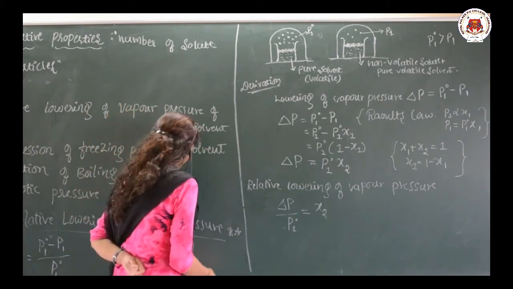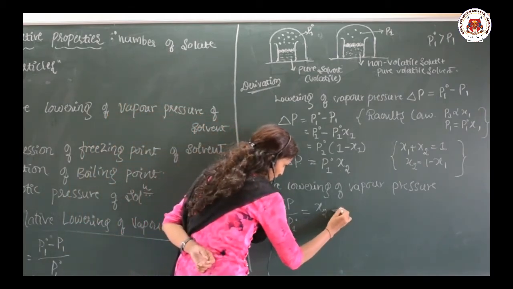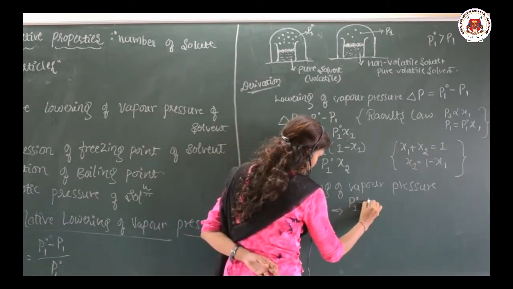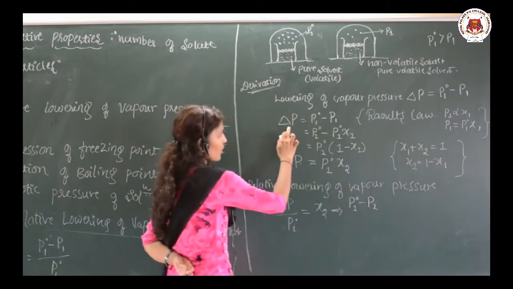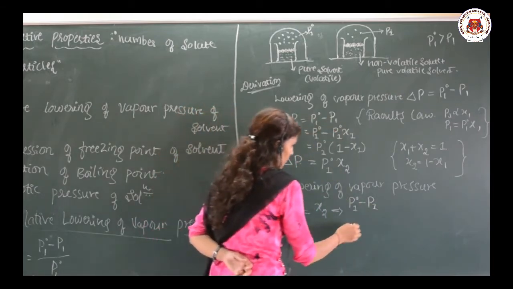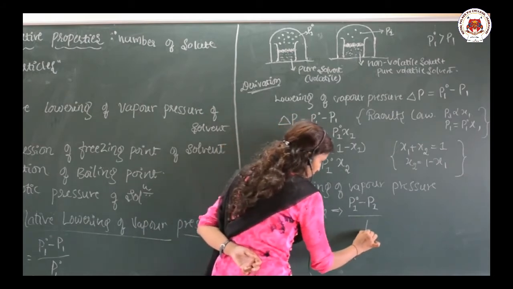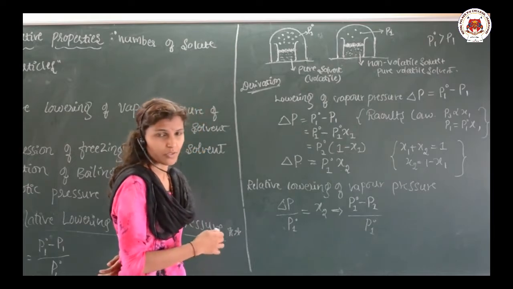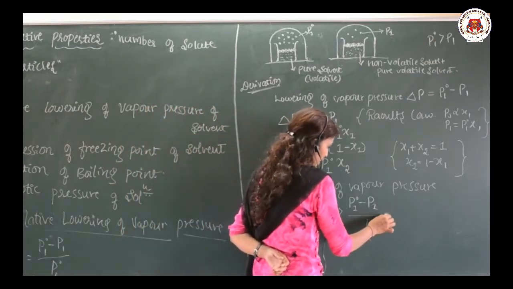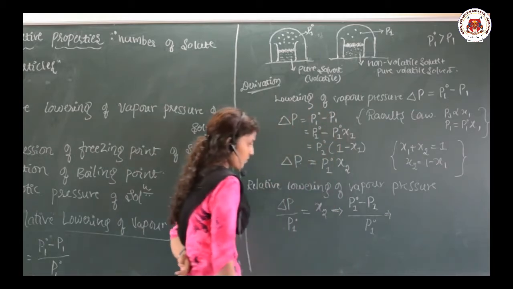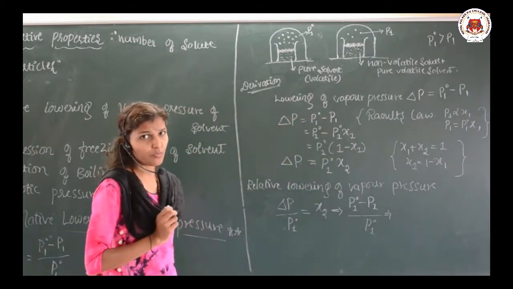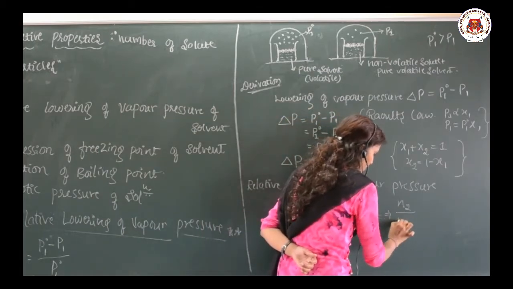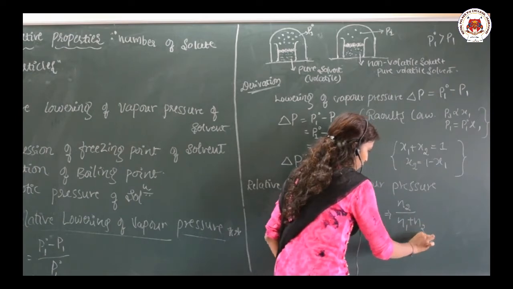Now this I am going to write as delta P is nothing but P1 naught minus P1, and keep P1 naught as it is. And then here x2, what is x? x is nothing but the mole fraction. So this I am going to write as n2 divided by n1 plus n2.